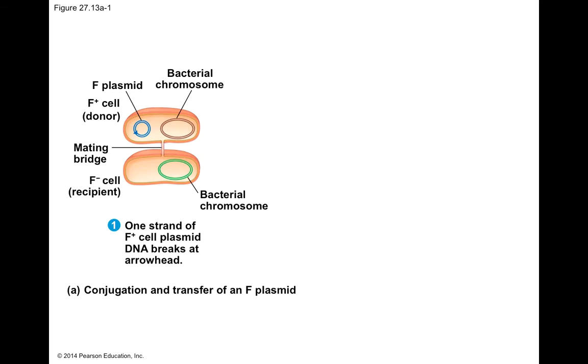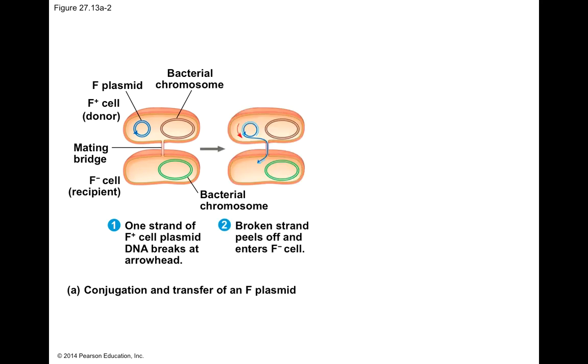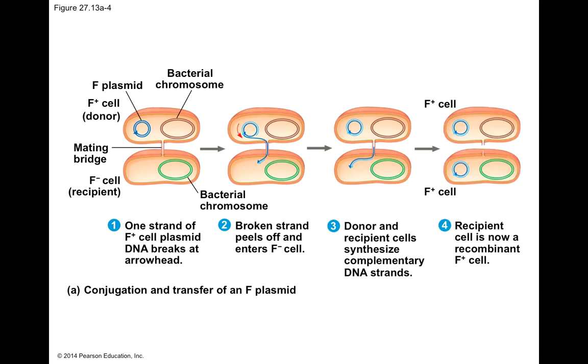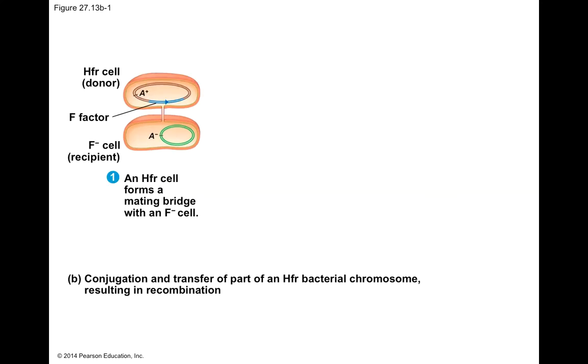A mating bridge forms between the cells. The donor cell makes a copy of the plasmid and passes it to the recipient cell. Both cells make sure the DNA is double-stranded, and now both cells have the F plasmid, and both are now considered donor cells.